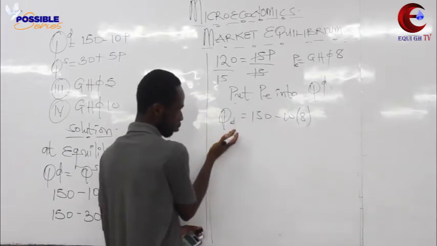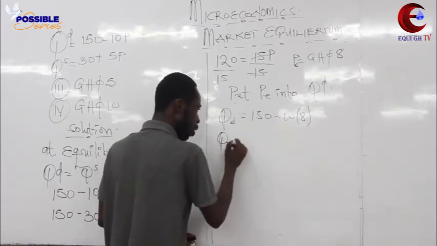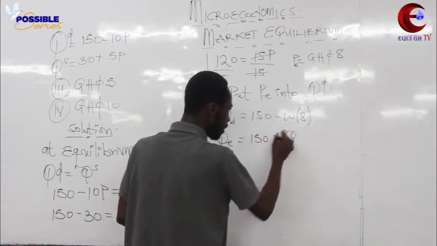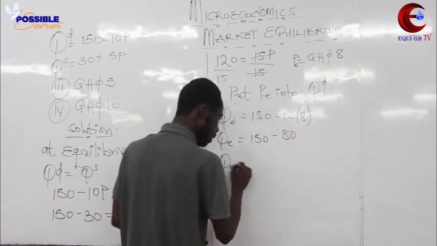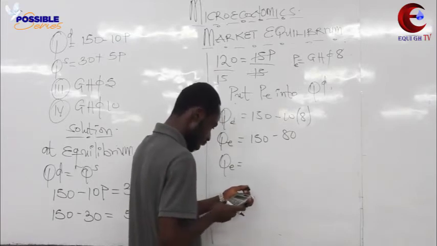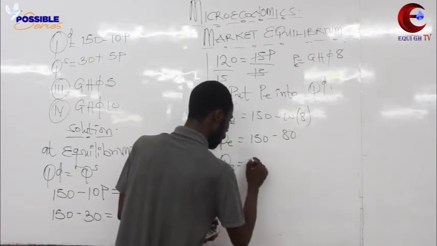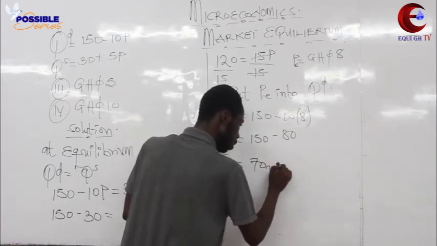So 10 times 8 is 80, and equilibrium quantity is 150 minus 80, so we get 70 units.